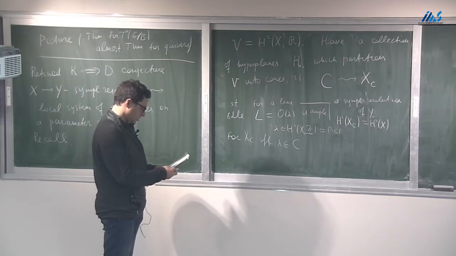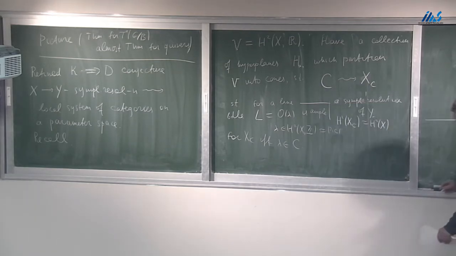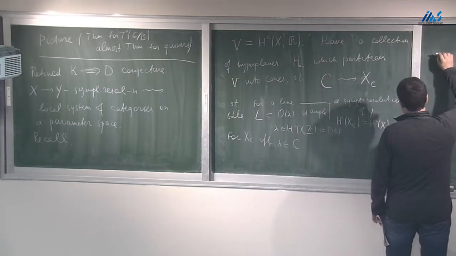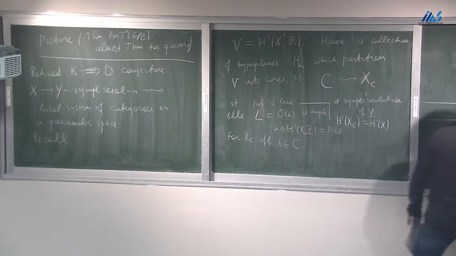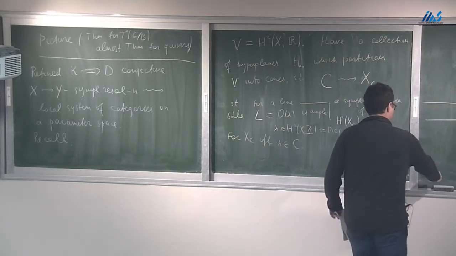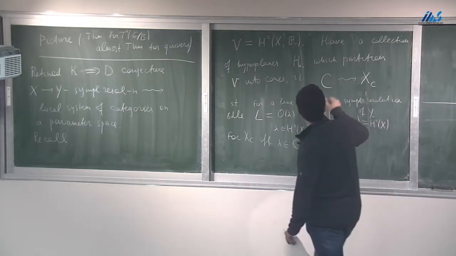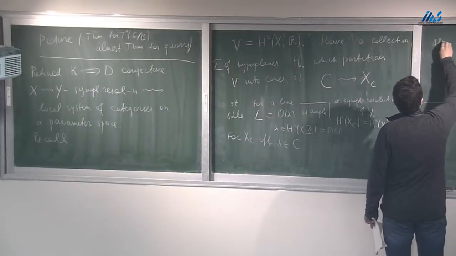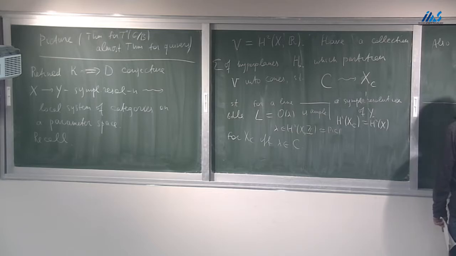Okay, so we have this picture, and then we had a more refined picture where we also have, maybe I'll call this a collection sigma, a collection of affine linear hyperplanes.